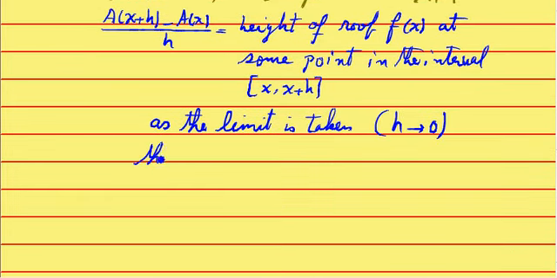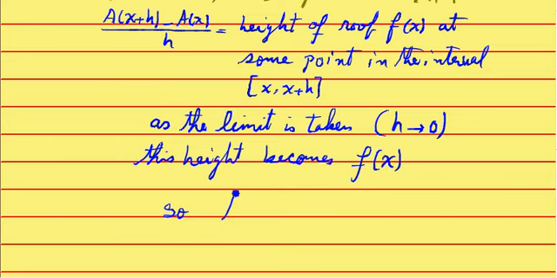This height becomes the height at x, which is just f of x. So A prime is in fact equal to f of x. Okay, so that's the fundamental theorem of calculus.